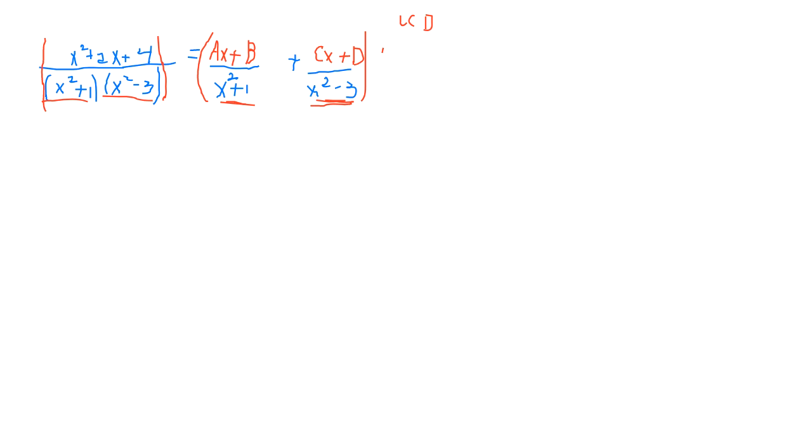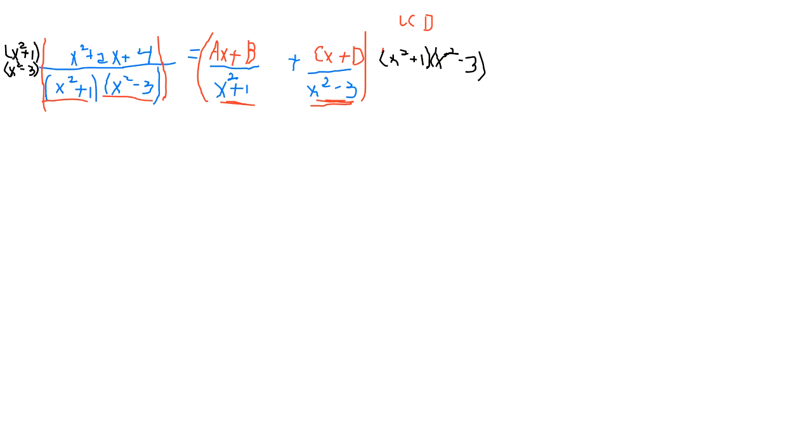That's right, Alan. It's going to be x squared plus 1 times x squared minus 3. Of course, we have to put it on the left side also. I'm sorry I have very little room here, but we multiply by x squared plus 1 times x squared minus 3. Obviously, on an exam or in your work, you'd write it a little differently. But that's what we do to both sides.